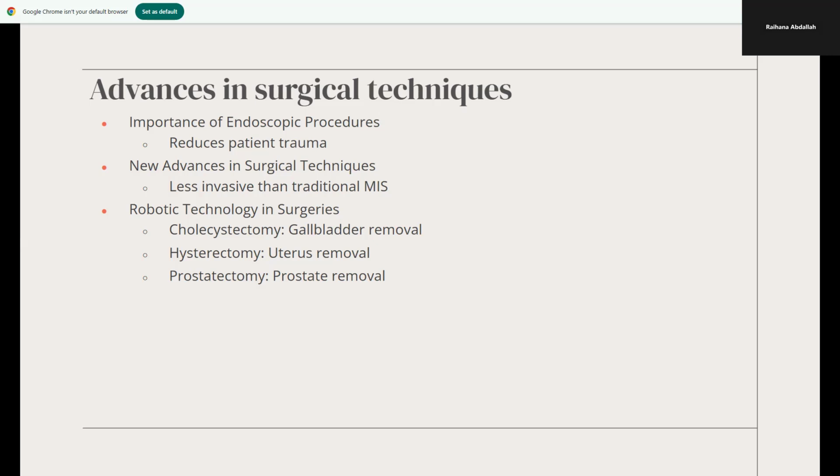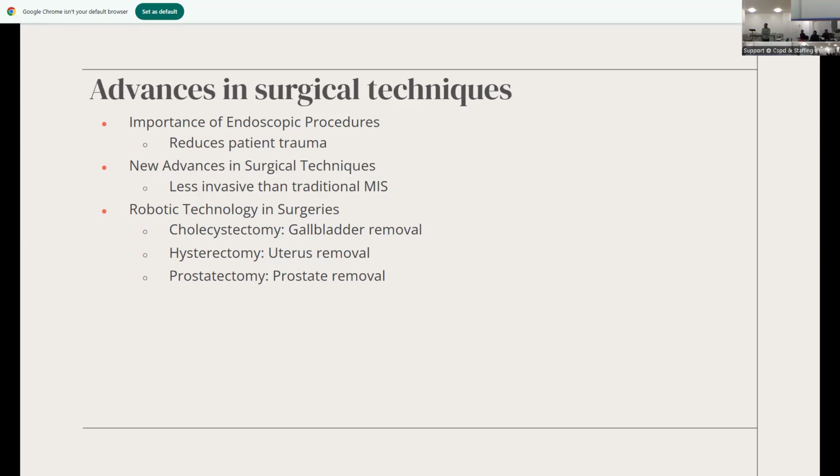Anything that says tomy means that they are cutting it open. Anything that says scopy means that they are making a small hole and going in to do it using an endoscope, using some sophisticated instrumentation. All right.